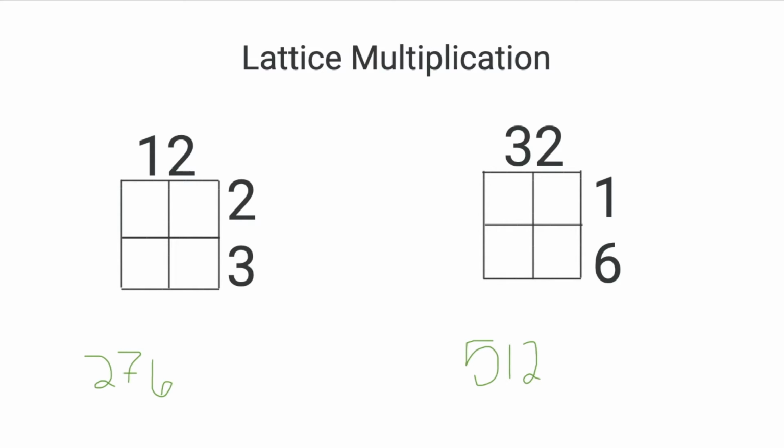The size of your grid is going to be equal to the number of digits you have in terms of columns and rows. So if you have 2 digits on top, you have 2 columns. If you have 2 digits on the side, you have 2 rows.